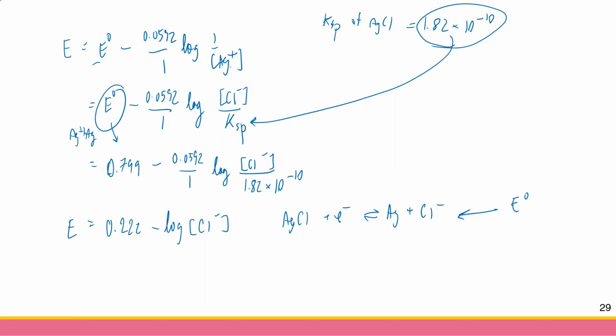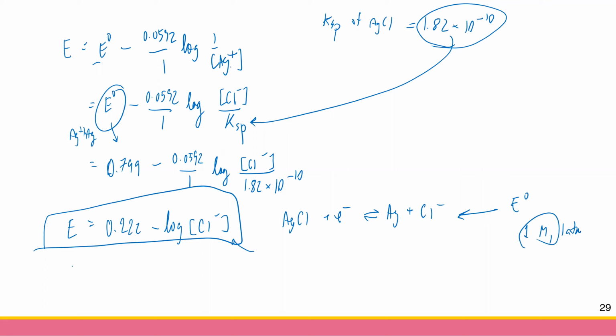So you have to use the definition, right? The definition of the standard electrode potential is that everything is 1, 1 molar or 1 atm or something like that. Considering this term, we need to substitute chloride with 1 molar. So E is equal to 0.222 minus log 1.